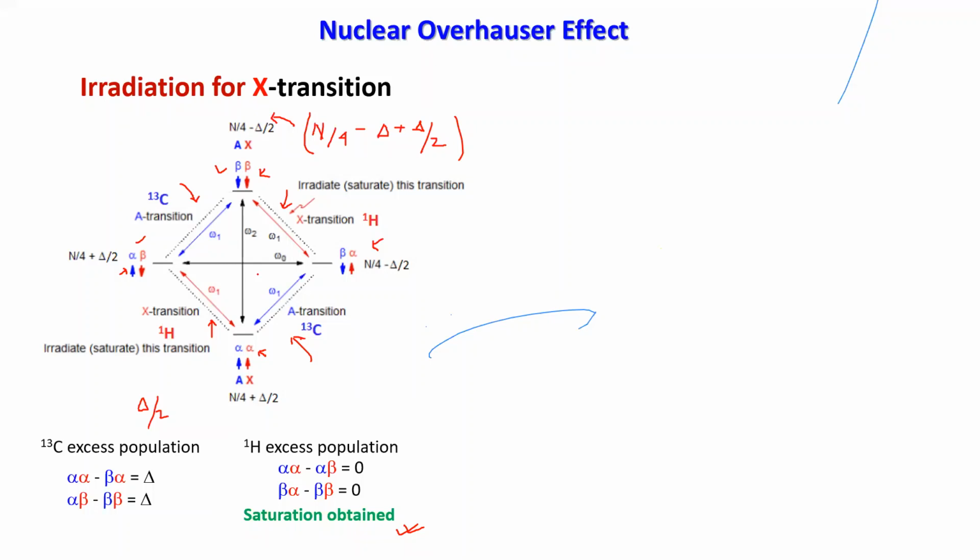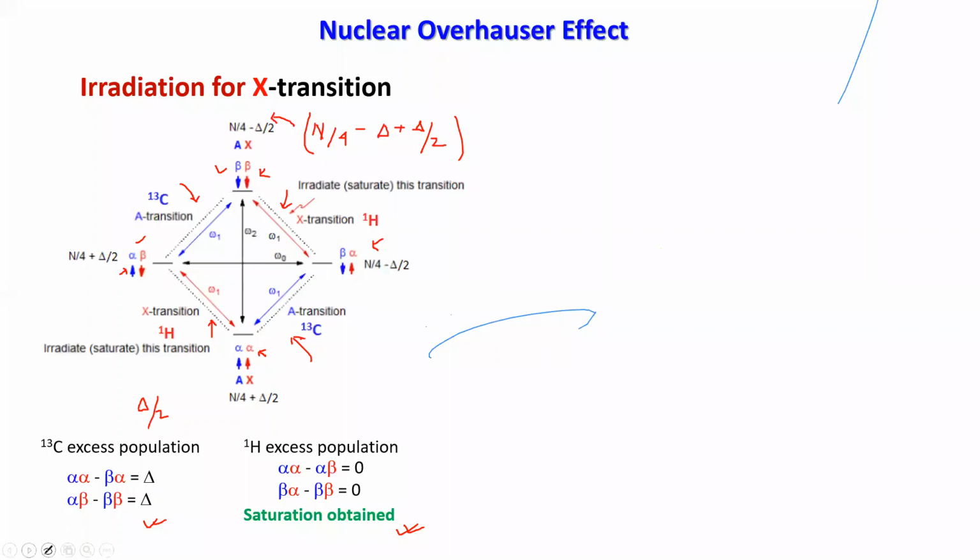If you don't have the excess population, we will not have the signal. So your proton is not having any population, so we will not have any signal due to proton, but you have the 13C excess population, so we will be able to look at the signal of the 13C under this condition.